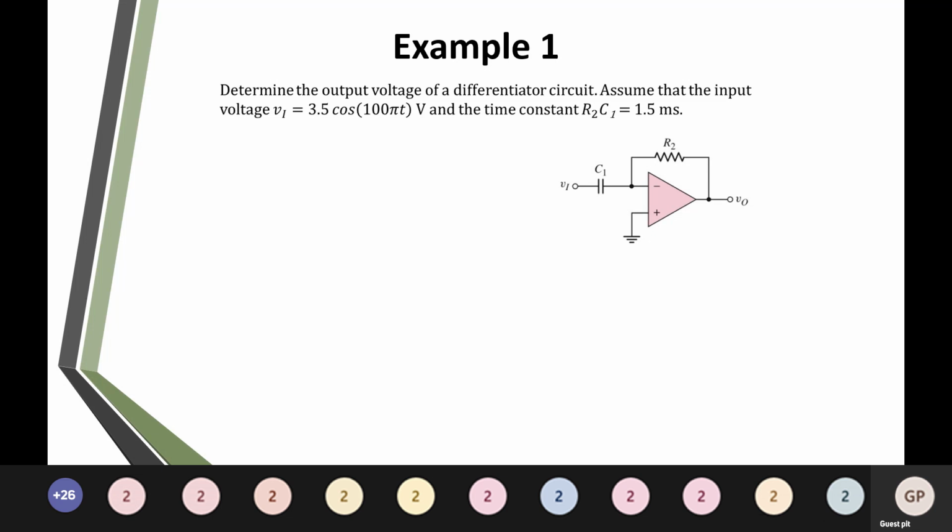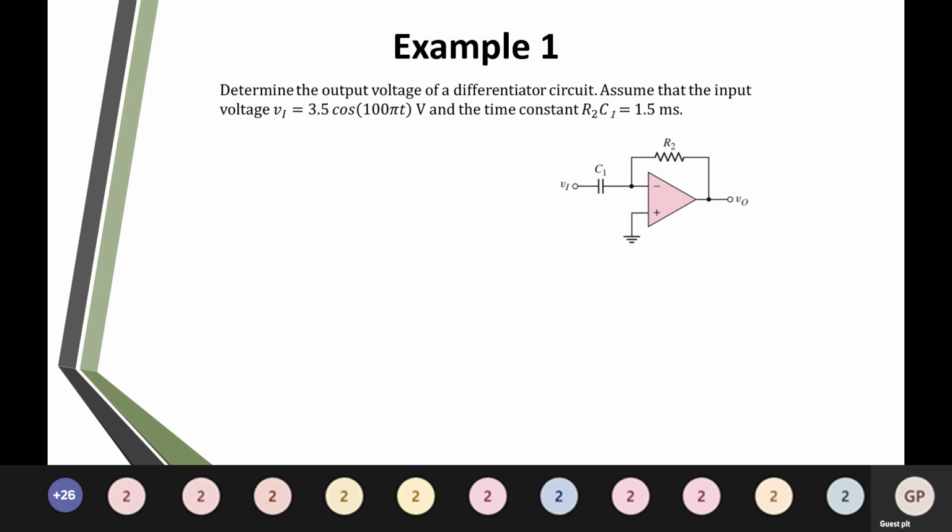I'm showing the solution. You can see the solution here. You write the output expression for this differentiator circuit and substitute the value of VI, differentiated with respect to t. Here you have to do the differentiation part properly. 3.5 cos 100 pi t.